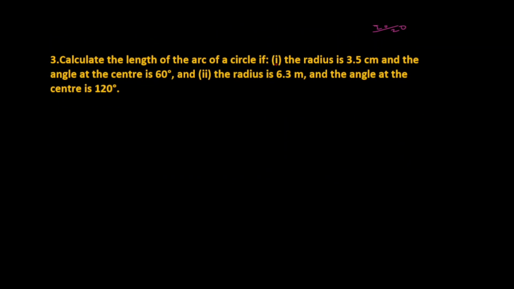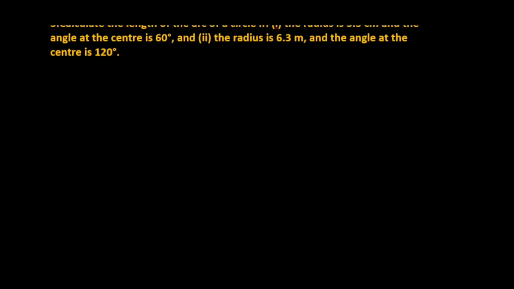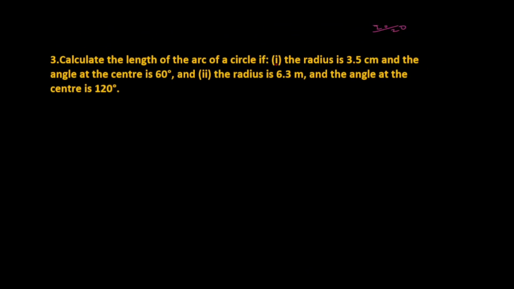Next, calculate the length of the arc of the circle if the radius is 3.5 centimeter and the angle at the center is 60 degree. And second subdivision, the radius is 6.3 meter and the angle at the center is 120.